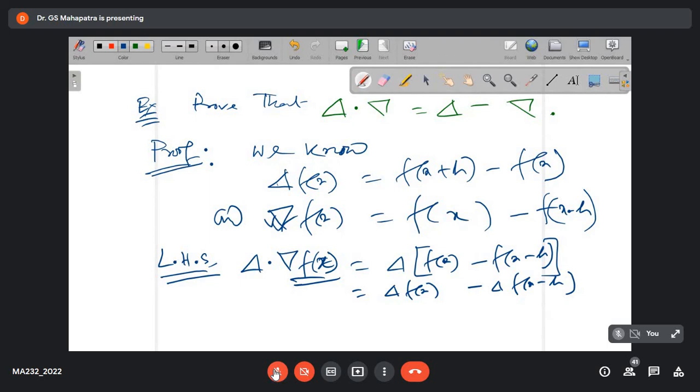So that is f of x plus h minus f of x, minus delta of f of x minus h.